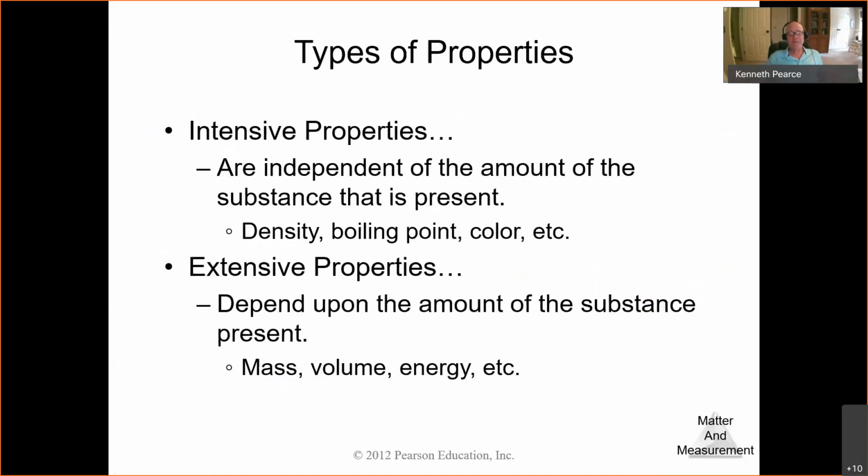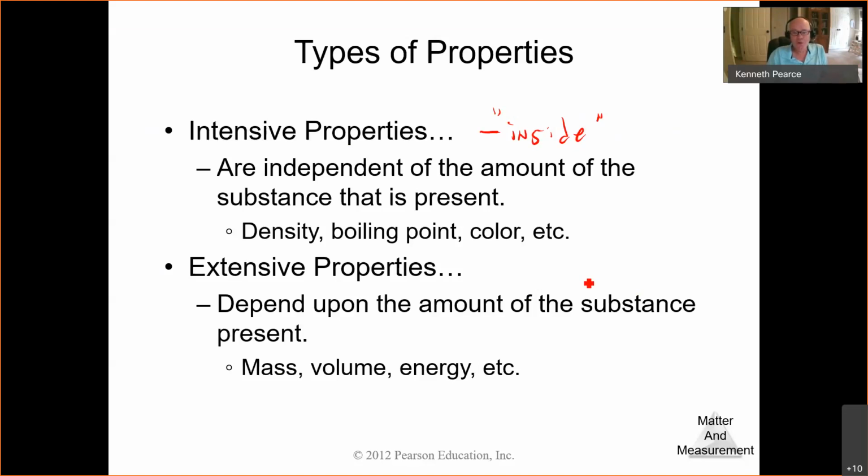So intensive, extensive. Now the way to keep this straight here is intensive means it's inside. It's a property of the substance. That's where the N of intensive comes about. So it's independent.